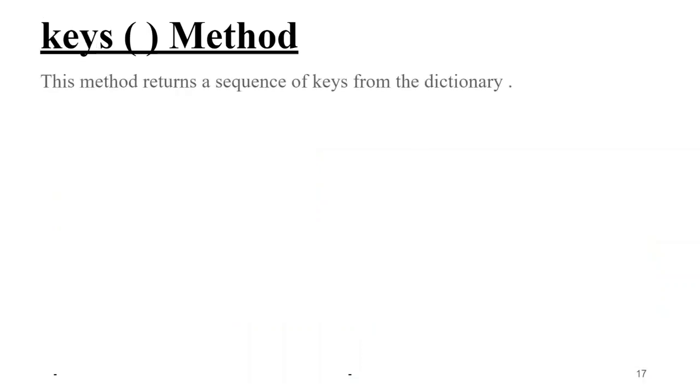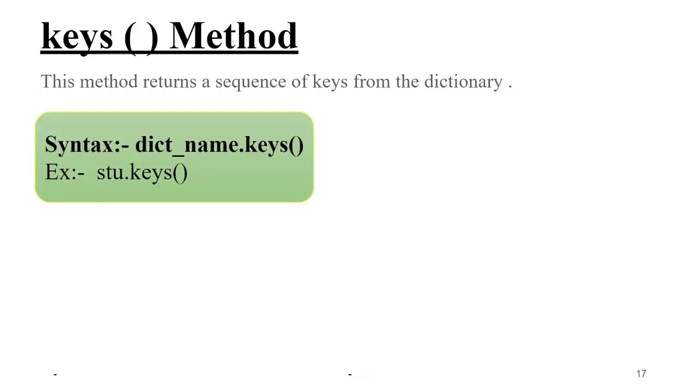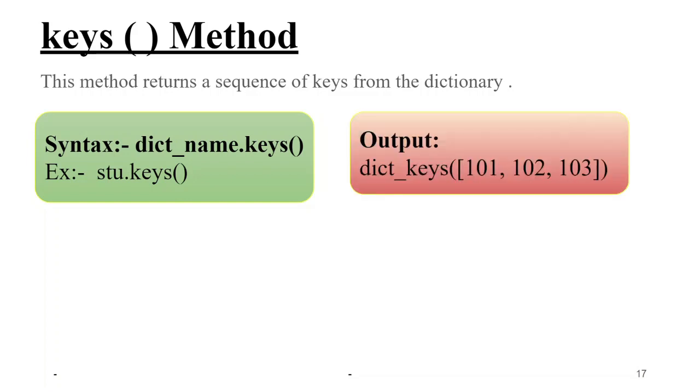And similarly we have a keys method. The keys method returns a sequence of keys from the dictionary, and we can call this keys method on the dictionary object. So it returns a list of those keys.